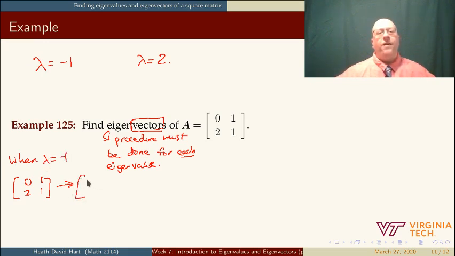When I subtract -1 from the diagonal, zero minus -1 is 1, and 1 minus -1 is 2. Turn this into a homogeneous system by augmenting with zeros.